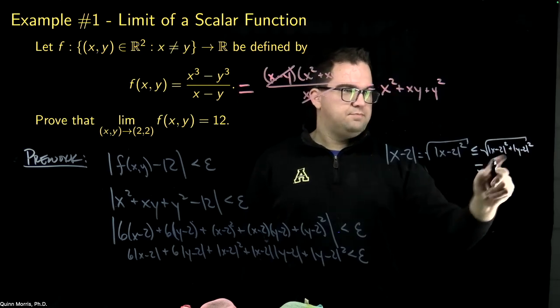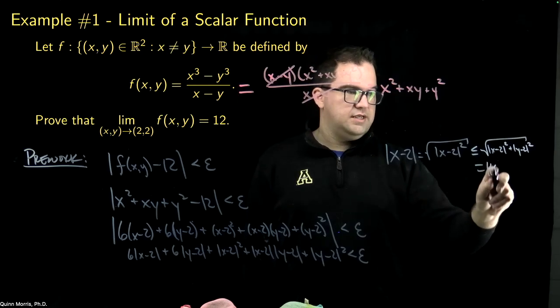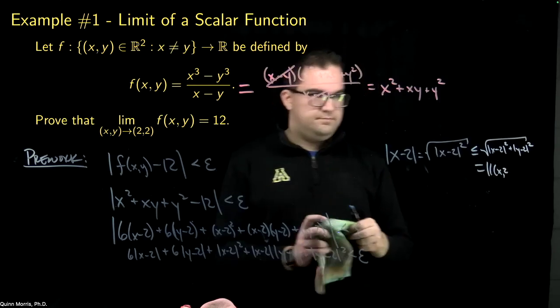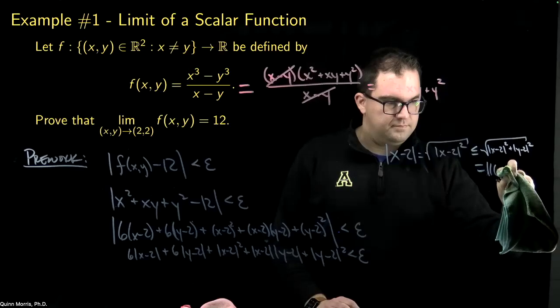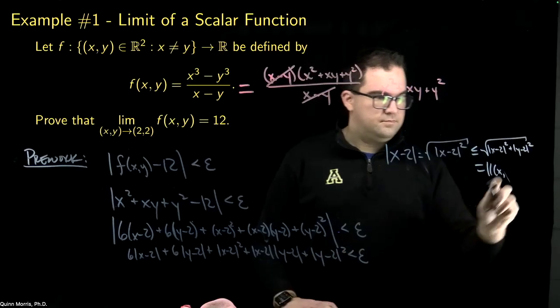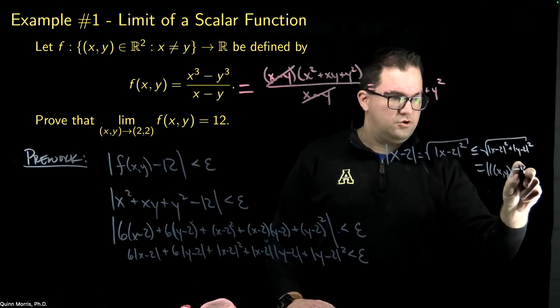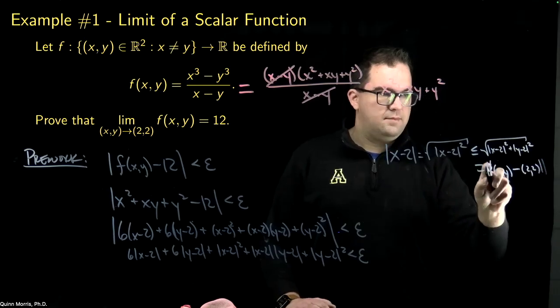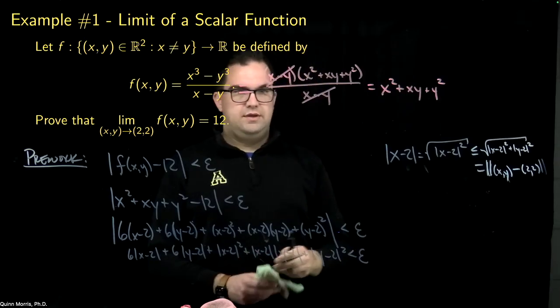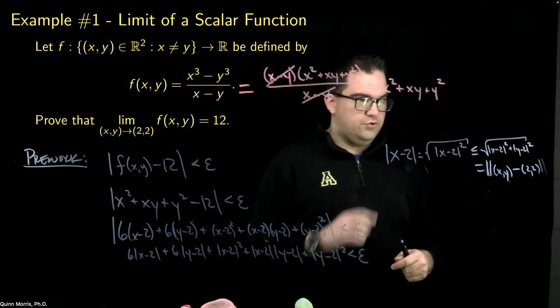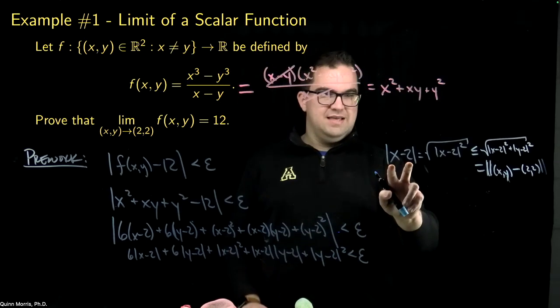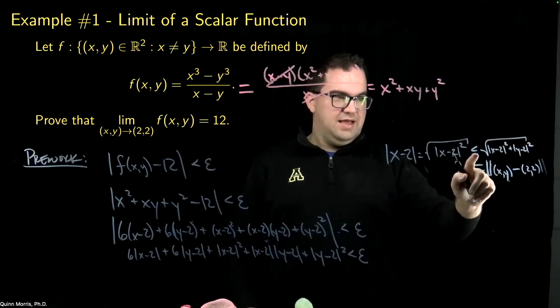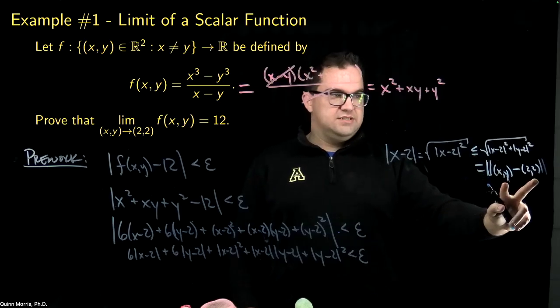But this piece here is just equal to the norm of (x,y) minus (2,2). That's just the difference between the point (x,y) and the point (2,2). So what we have is that this difference has to be less than or equal to the distance between (x,y) and (2,2).